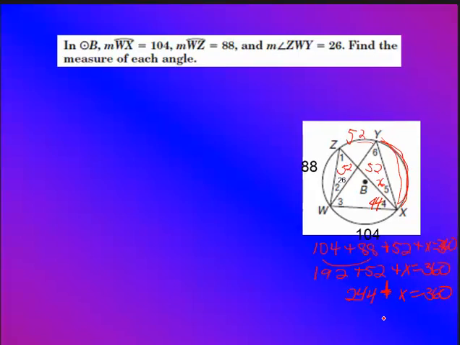If I subtract the 244, I get x equals 116. So that means this arc from Y to X is 116 degrees. Angle 3 that intercepts that 116-degree arc is going to be half that. So angle 3 is going to equal, what, 58?